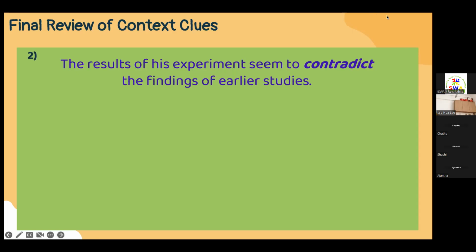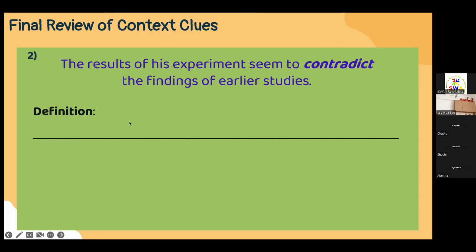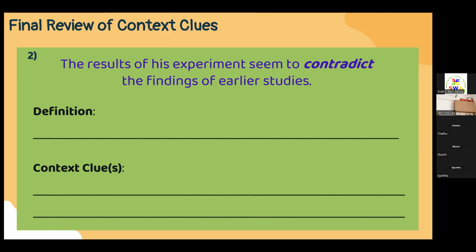The results of his experiment seem to contradict the findings of earlier studies. Can anybody venture a guess at the definition, before we go and figure out what kind of context clues is being used here?